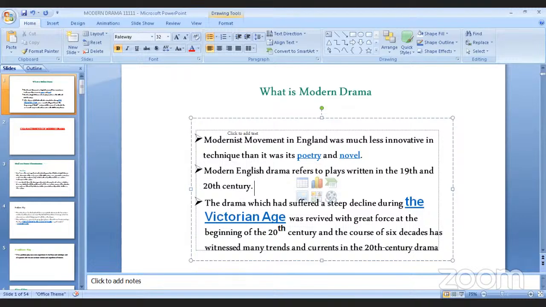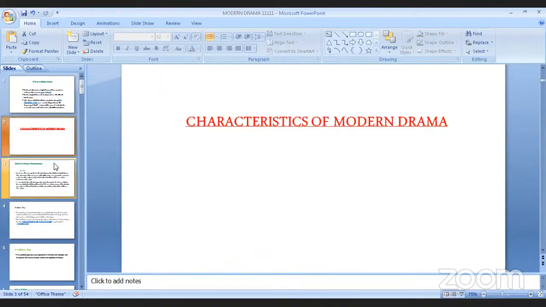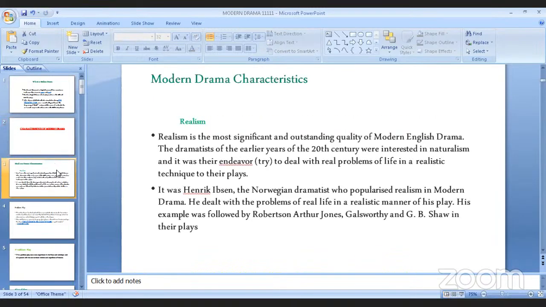So first and foremost, let me tell you about the characteristics of modern drama. But before that, I also want to throw light on the major impact factors which led to this kind of modern drama. First and foremost, the impact of industrialization.